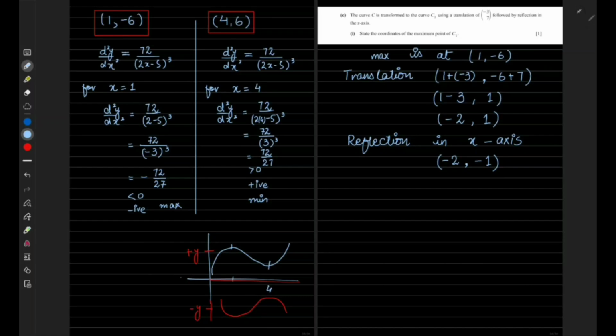Now there is a little trouble or problem in this question, and that is, in the marking scheme they are giving us a different answer, and their answer is 1 comma -13, I guess.